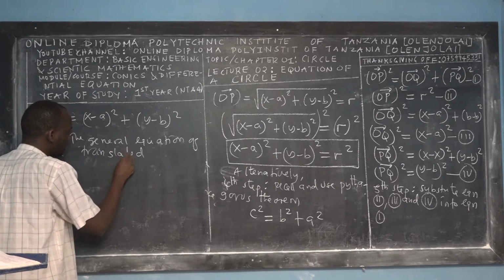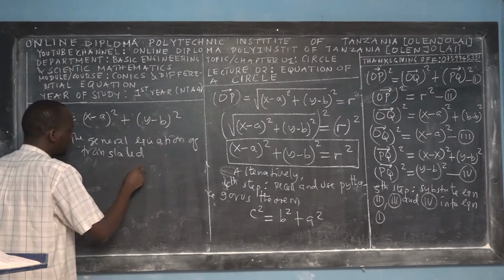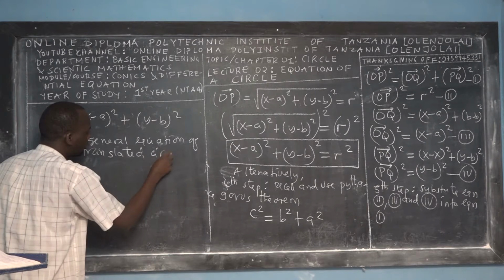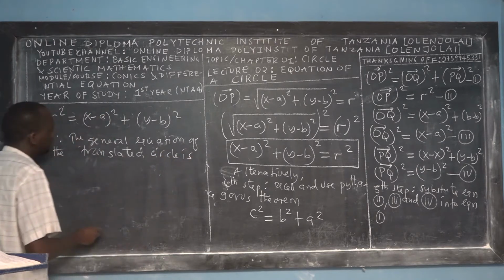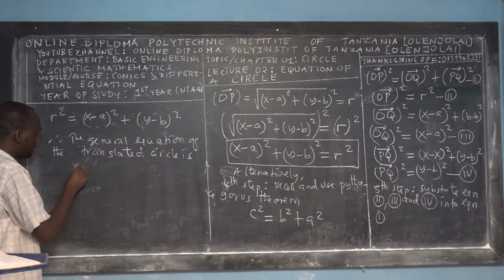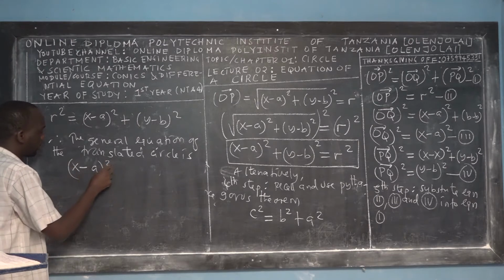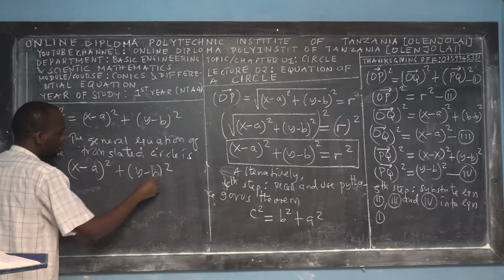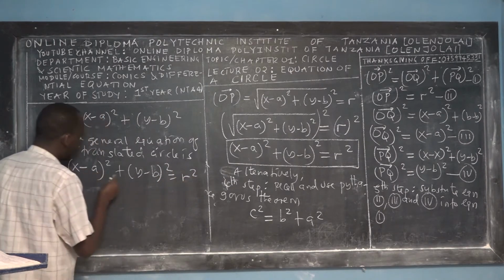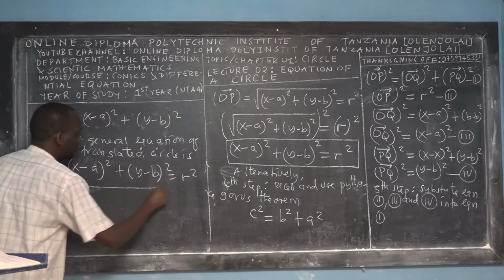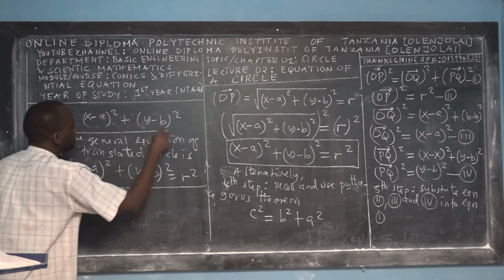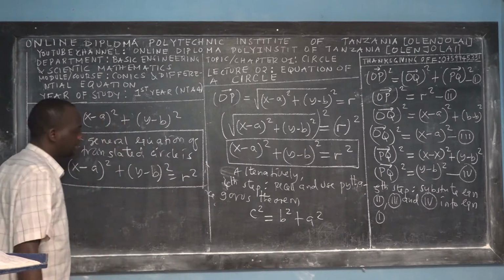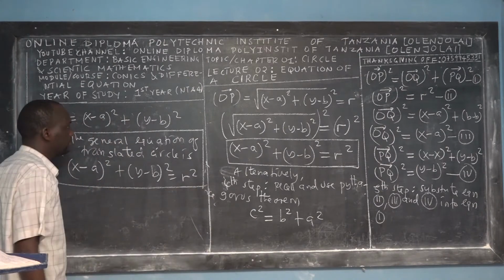We are going to deal with the translated circle in many cases. The translated circle is given as x minus a square plus y minus b square is equal to what? R square. Keep this equation for the rest of your life. Very important. You can also keep the one that you have underlined there.